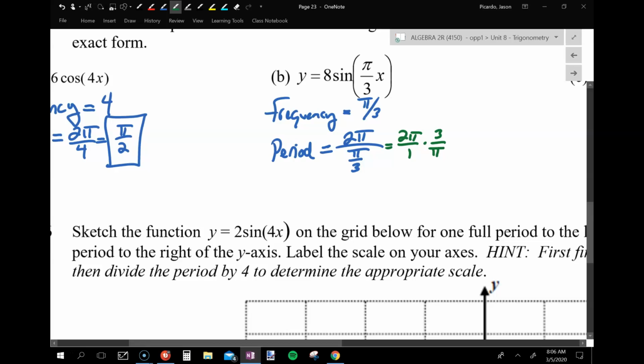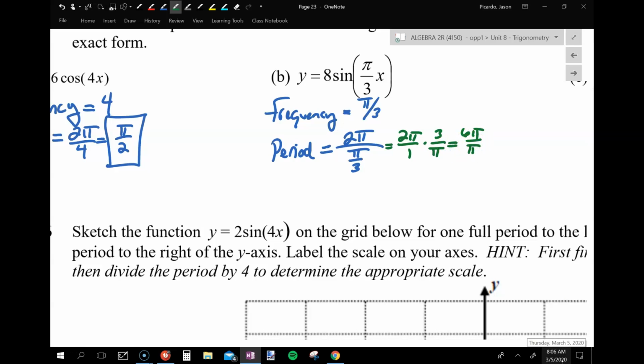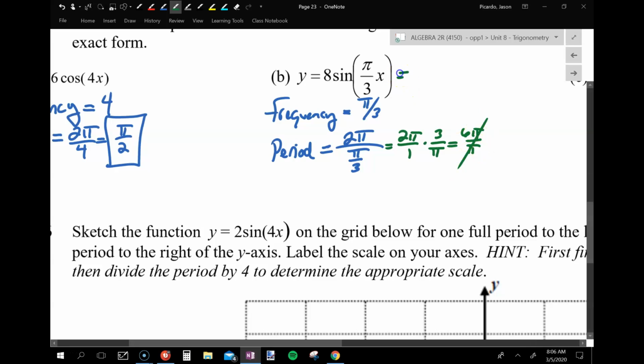So what does that give me? What's 2 pi times 3? 6 pi. What's 6 pi divided by pi? Just 6, yeah.